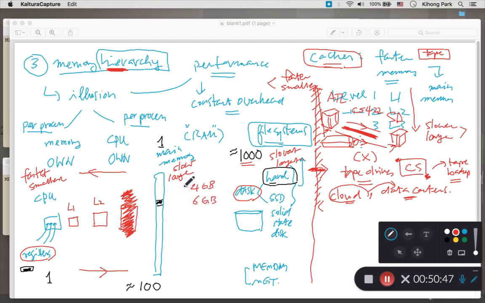Not a lot, but anyhow, that's the ballpark size of this guy. These guys, in terms of size compared to that, are tiny. So what benefit do these tiny memories here, which are much faster than the main memory, have in terms of performance?